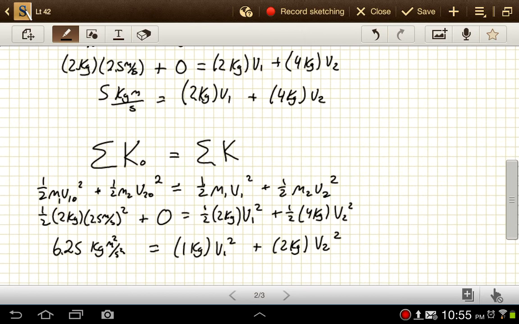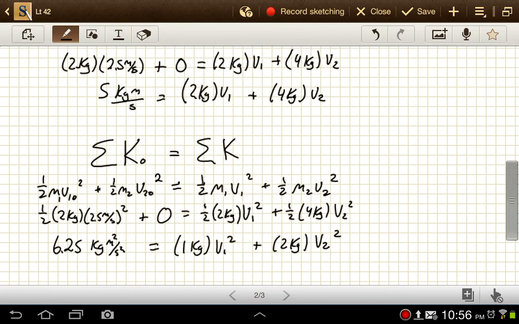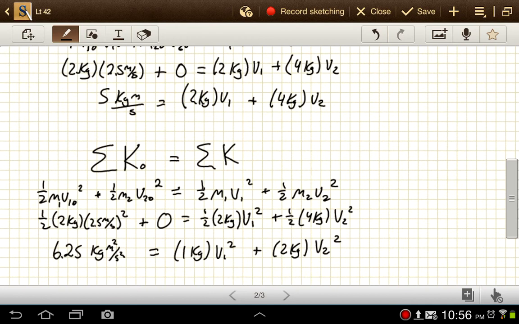So now we have two equations, each with v1 and v2, and so we can solve these two equations, this one here and this one, as a system of equations now. Now at this point it's really no more new physics, just the math behind this. So you may want to skip ahead if you're feeling comfortable with the math on this part.